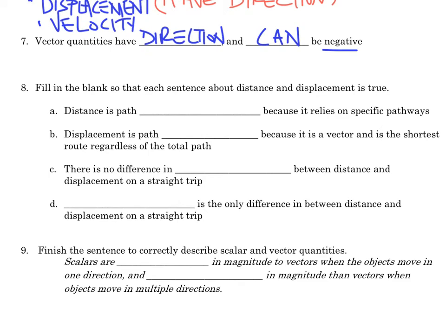Okay. Number 8, fill in the blank. So distance, the distance that someone travels depends on the path that you take. So the more pathways you take, the more increased distance I have because I'm adding up all the pathways. So we would say that distance is path dependent.